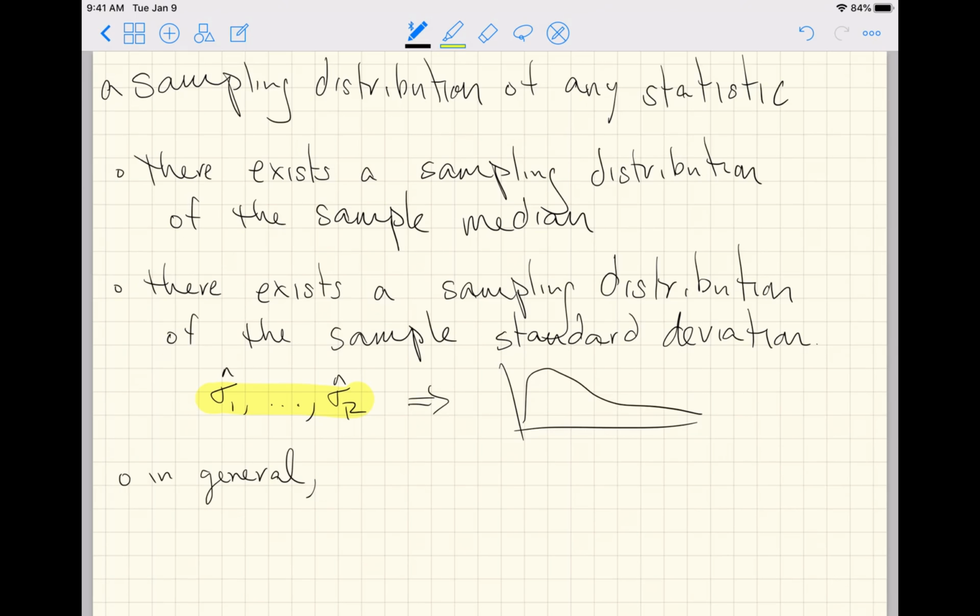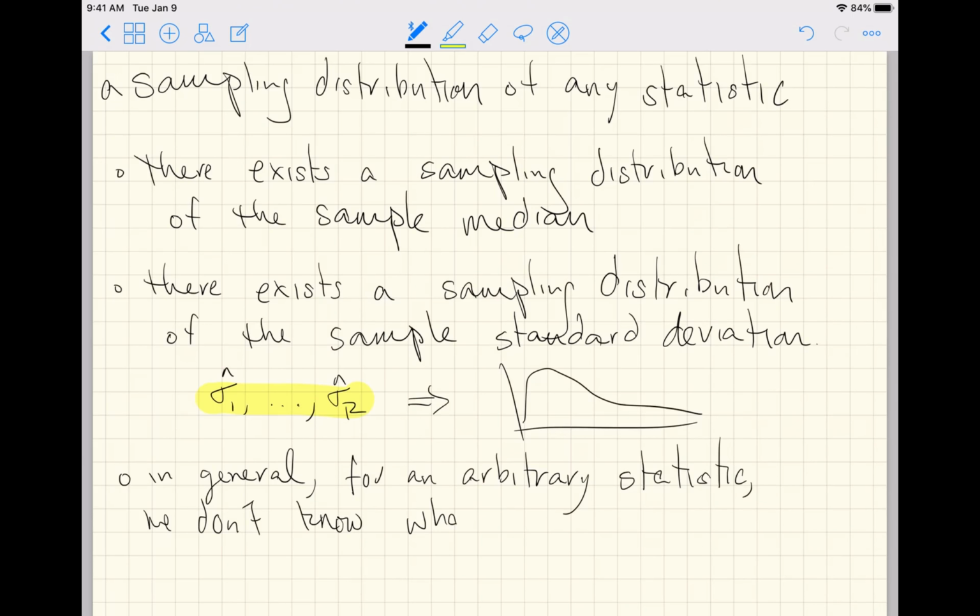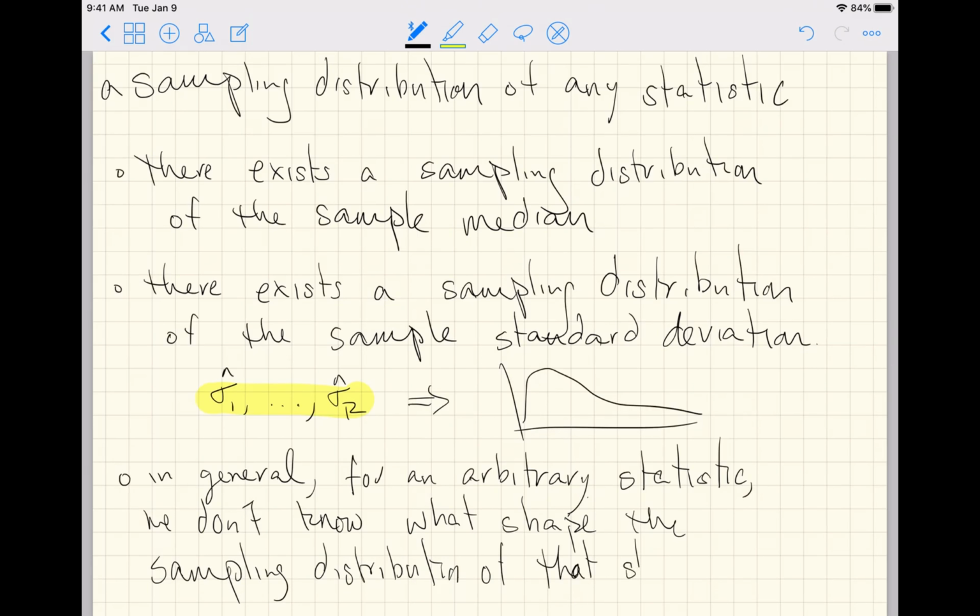The real tough part is, in general, for an arbitrary statistic, we don't know what shape the sampling distribution of that statistic for that population will take on.